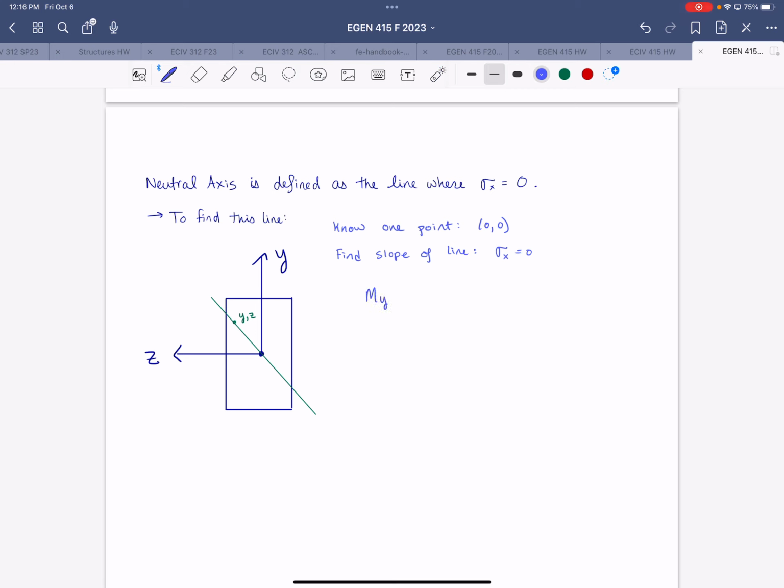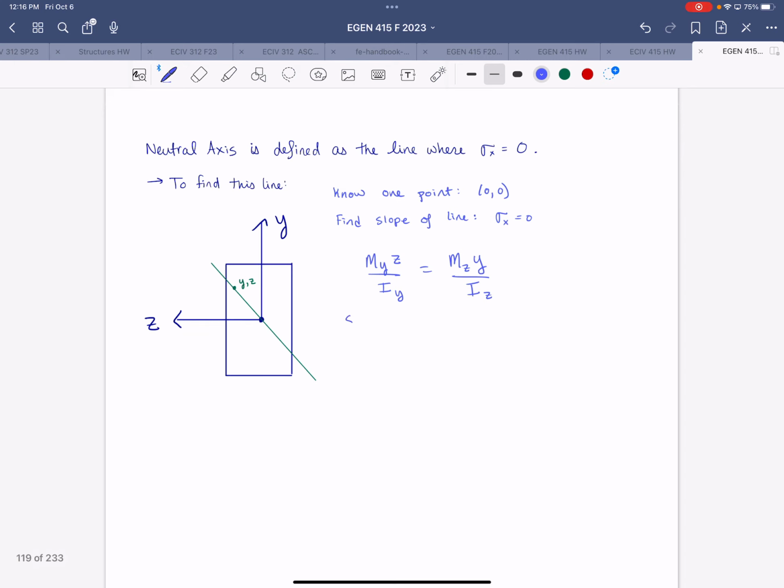We have MYZ over IY equal in magnitude to MZY over IZ. So we can rearrange to solve for the slope y over z, and that will be equal to IZ over IY times MY over MZ.